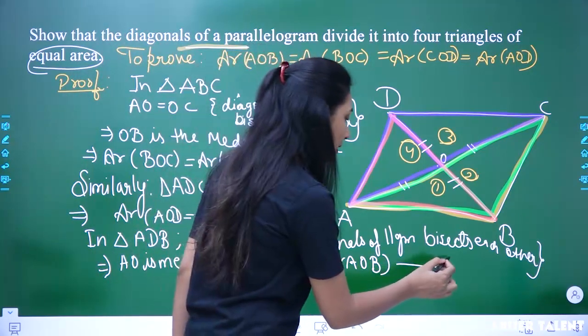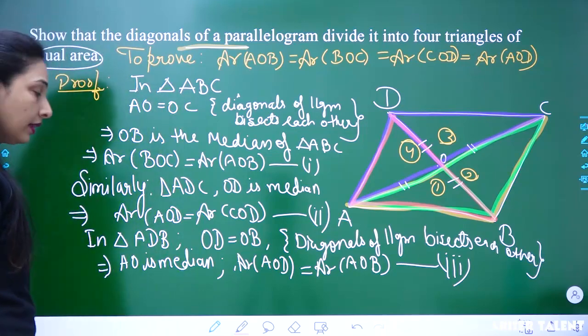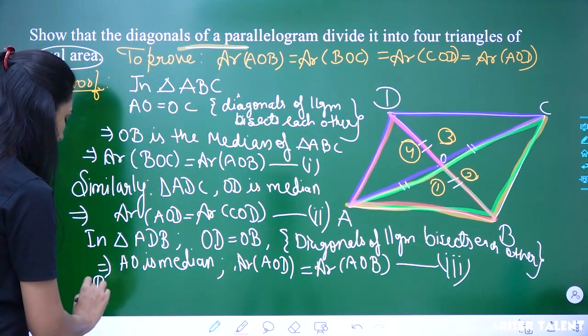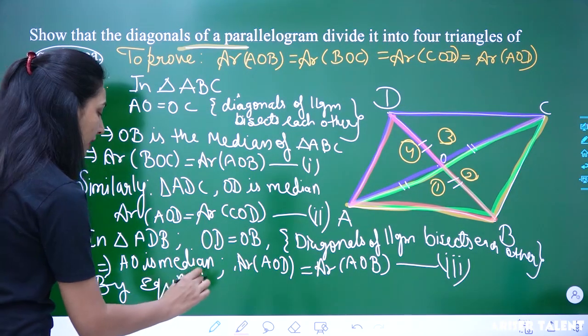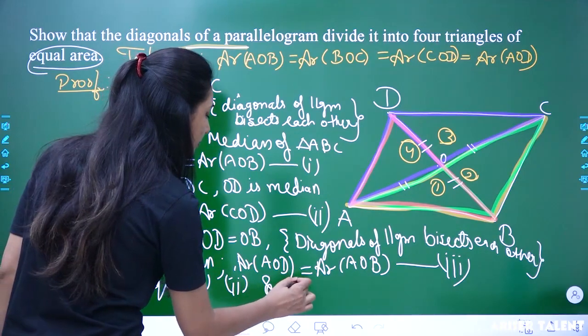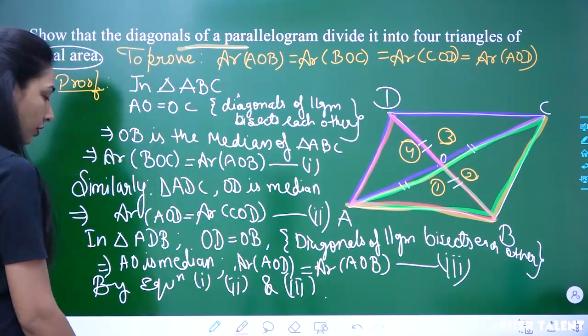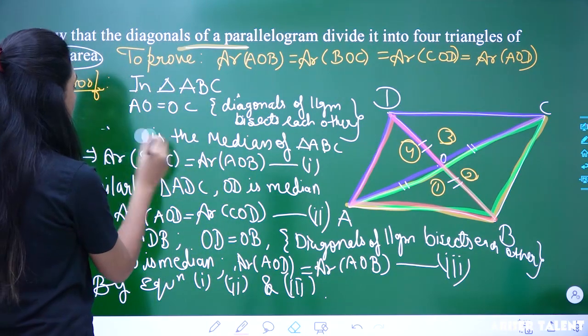And this is the third equation. Okay, so by equations 1, 2 and 3, we will be seeing these three equations. We are going to rub just some section of it.